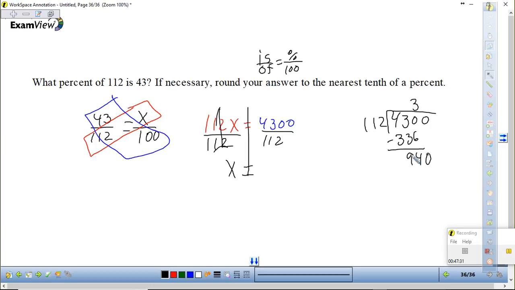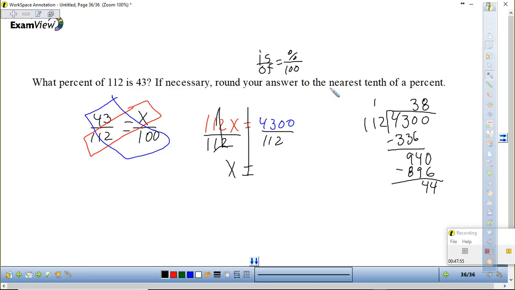Bring down the 0. Next, how many times does that fit in there? Let's try 8. 8 times 2 is 16. We got 1. 8 plus 1, that's 9. And 8. Is that correct? Yeah. So subtract that.